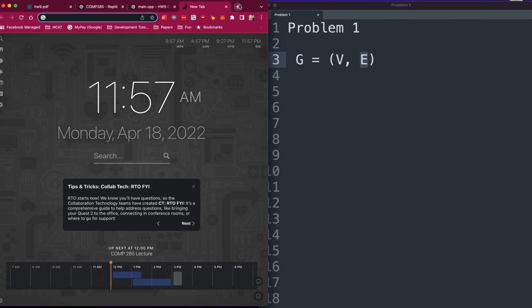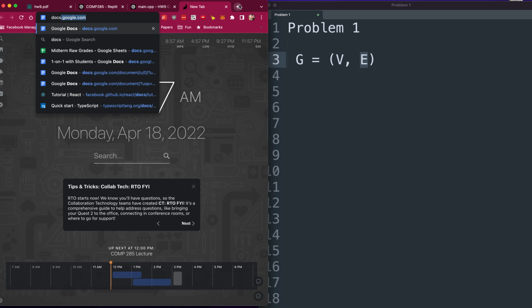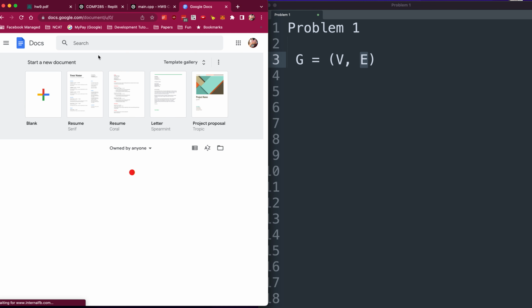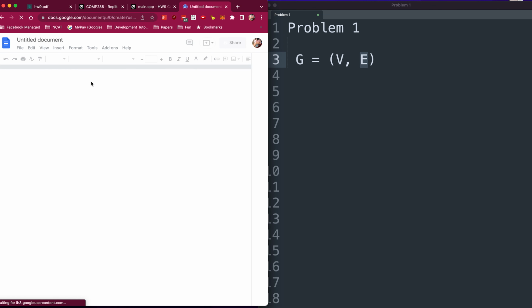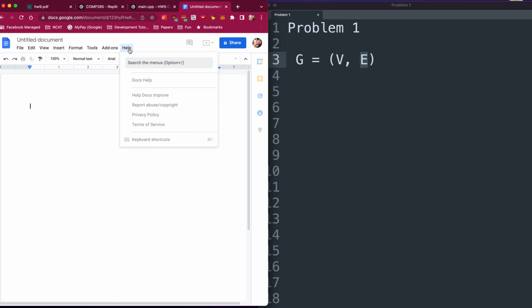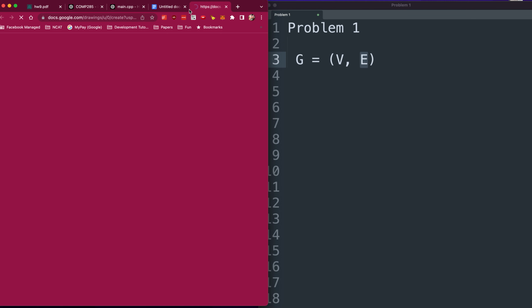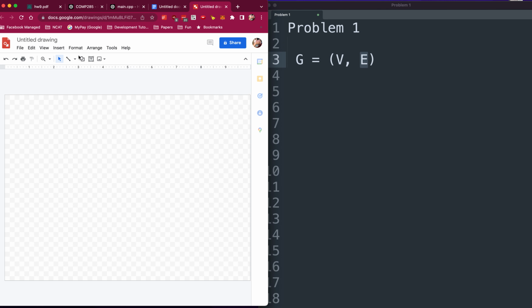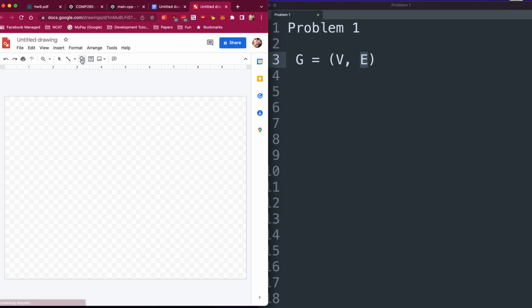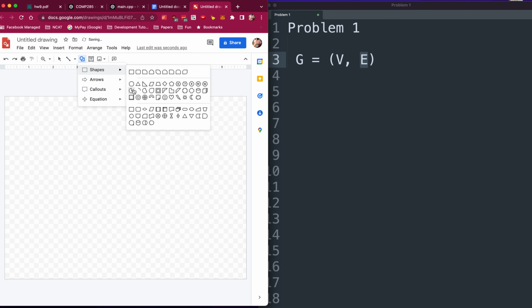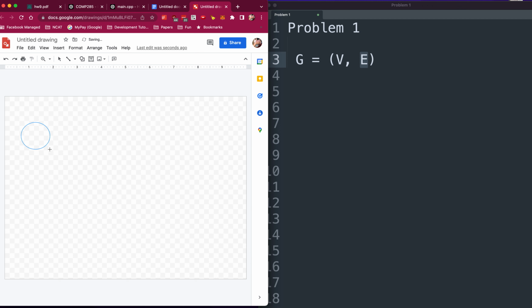So what does that look like? Let's actually try to draw out a couple of graphs here so I can show you. Let's set down a couple of vertices.